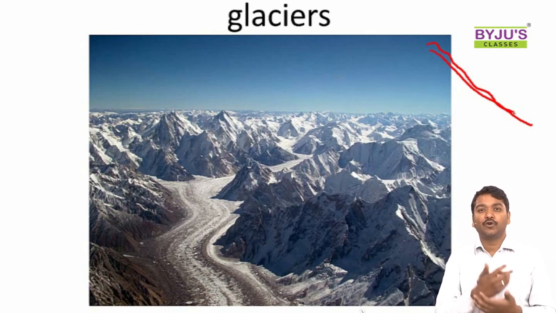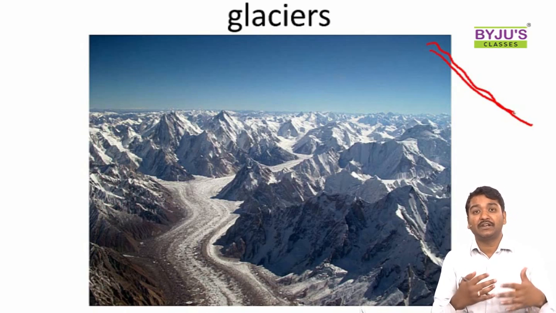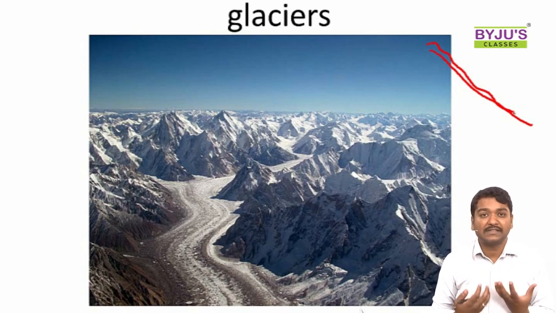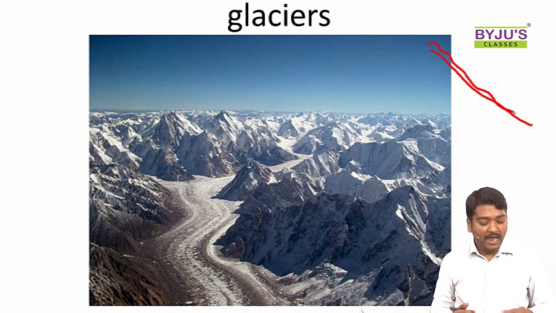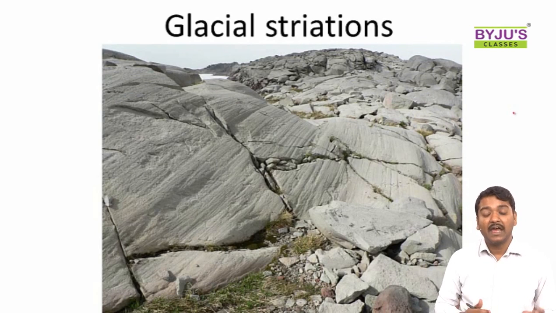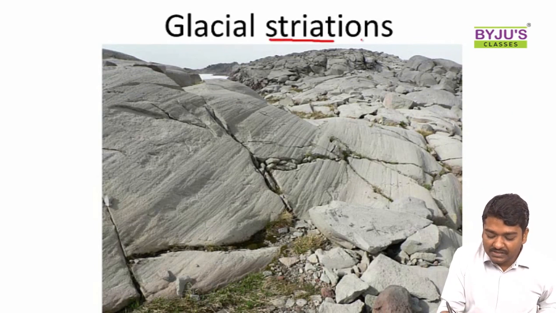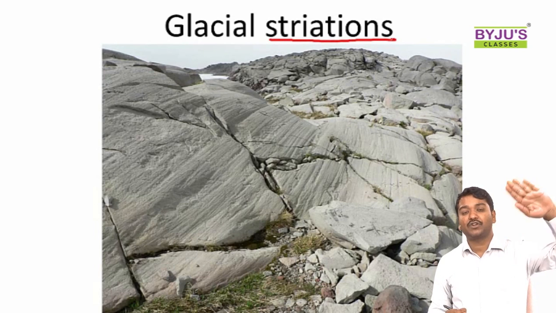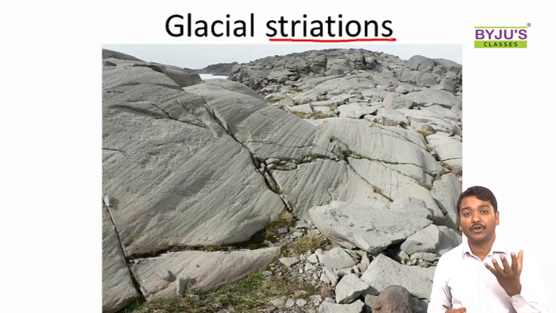For example, you can see people, whoever have visited, they put their imprints, love symbols and all. Even glaciers put their symbols on these rocks. And these symbols look like these, that is the scratches. And they are known as glacial striations. That is glacial striations, imprint of the glacier movement on the rocks below.